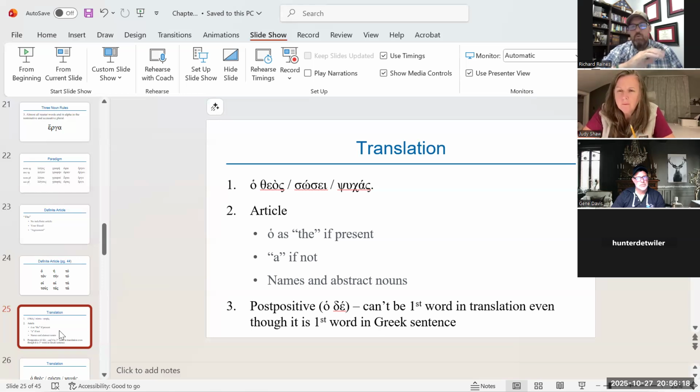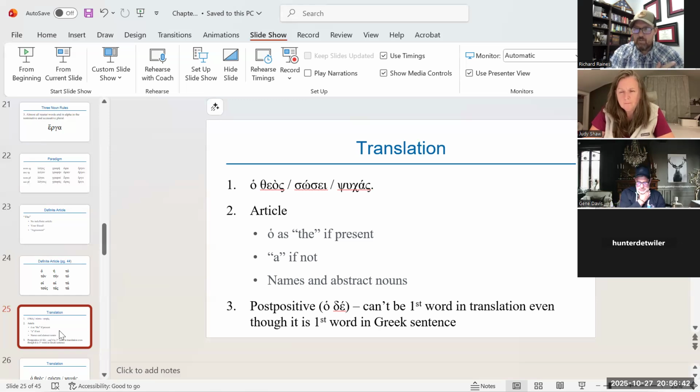But when it comes to the word God and proper nouns, you're not going to translate the article. You're just going to say God. If you see a definite article before Galilee, you're not going to translate it the Galilee. It's just a device within Greek to identify proper nouns.